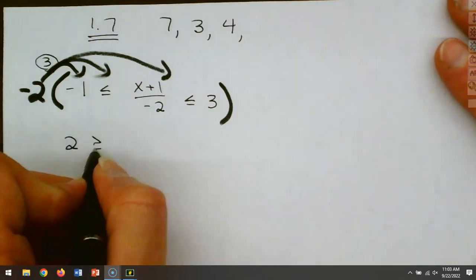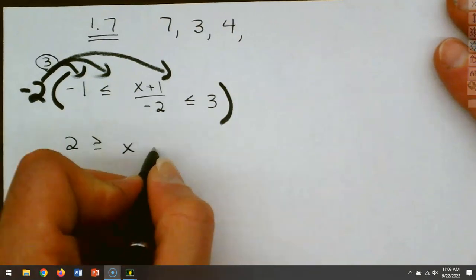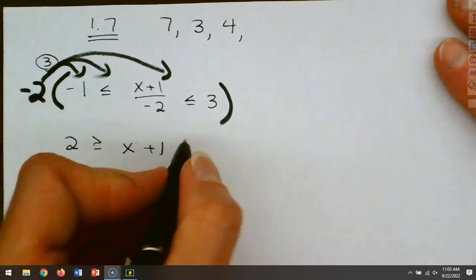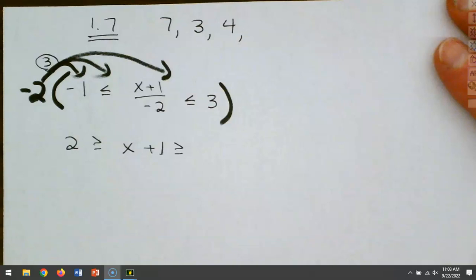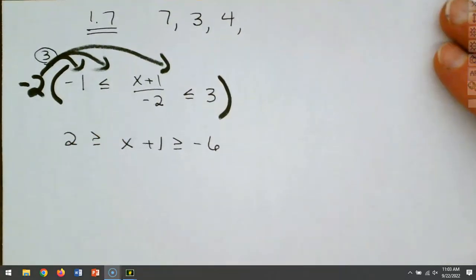We switch our inequality symbol. Those cancel, so in the middle, I'm left with an x plus 1. We switch our inequality symbol again, and negative 2 times 3, that makes it a negative 6, right?